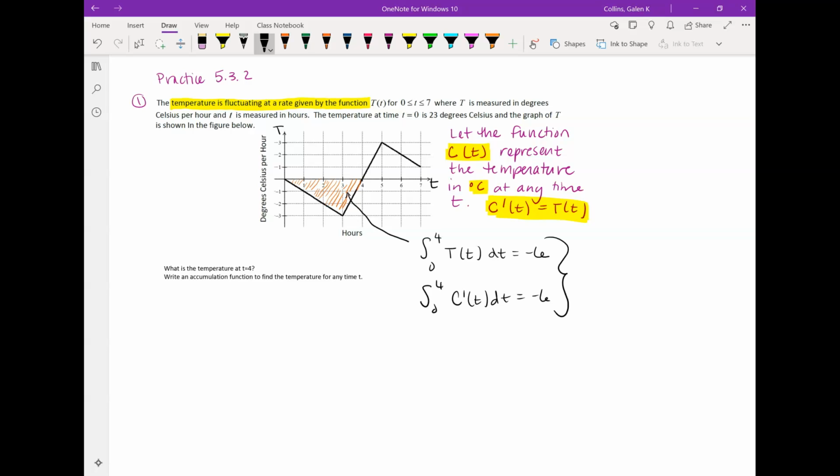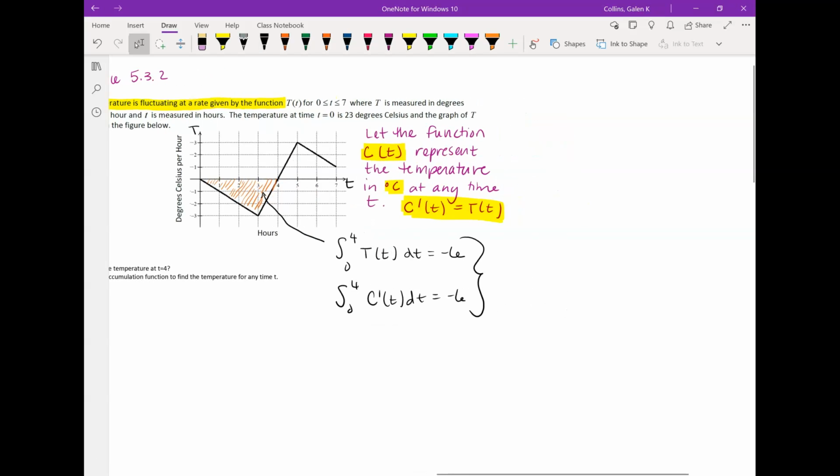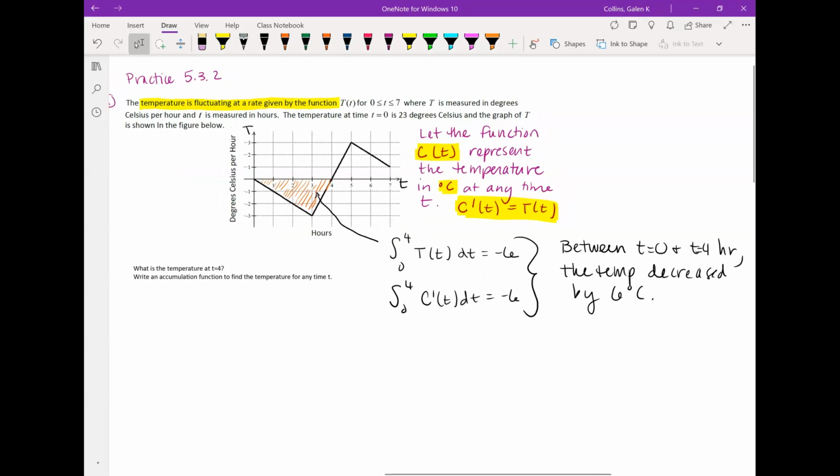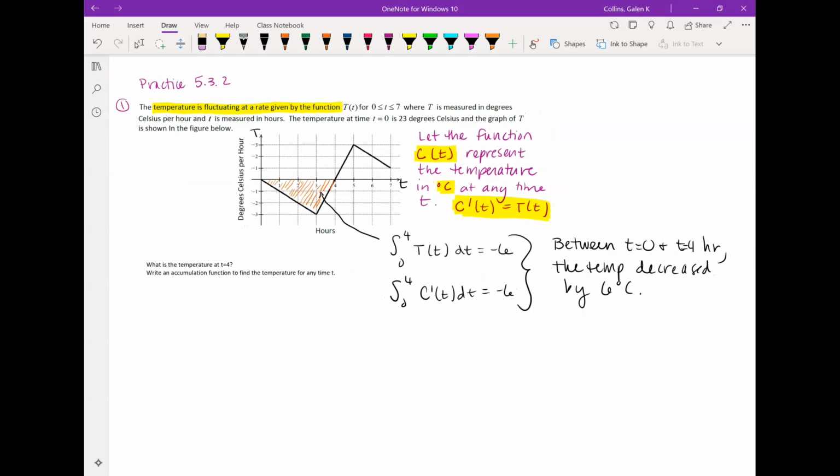So what this tells us, either way, the shaded triangle under the x-axis, or if we write it out as this definite integral, this tells us that between the time 0 and 4 hours, t equals 4 hours, the temperature changed, or we could even say decreased, since it's negative, by 6 degrees Celsius.